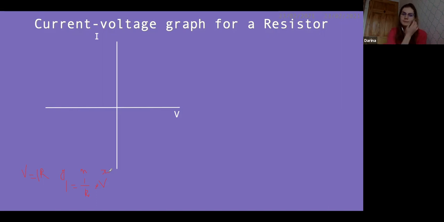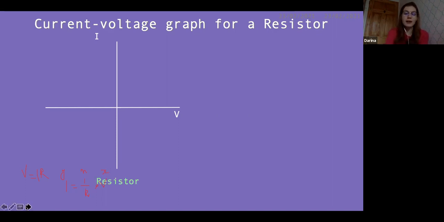Right, we want to see a straight line, someone's put in the chat. Great. A straight line, and would there be a y-intercept? Where would it intersect the y-axis, just from our equation? It would not have a y-intercept. So we have a straight line going through the origin.